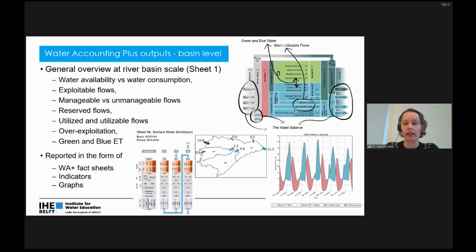This is a basin in India, the Krishna basin, where we also provided these kinds of graphics in terms of how much water is coming from one area to the other and how it differentiates, for instance, over the seasons in terms of making a storage and depleting the storage, and looking at long-term values for that.